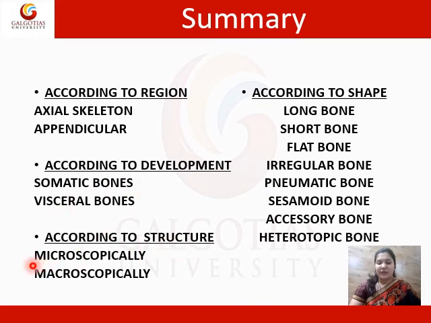According to structure, it is divided into microscopic and macroscopic bone. But according to shape, it is divided into many other parts, which are long bone, short bone, flat bone, irregular bone, pneumatic bone, sesamoid bone, accessory and heterotopic. The most major types are the long bone, short bone, flat bone, irregular bone and sesamoid bone, which we have discussed in this class.